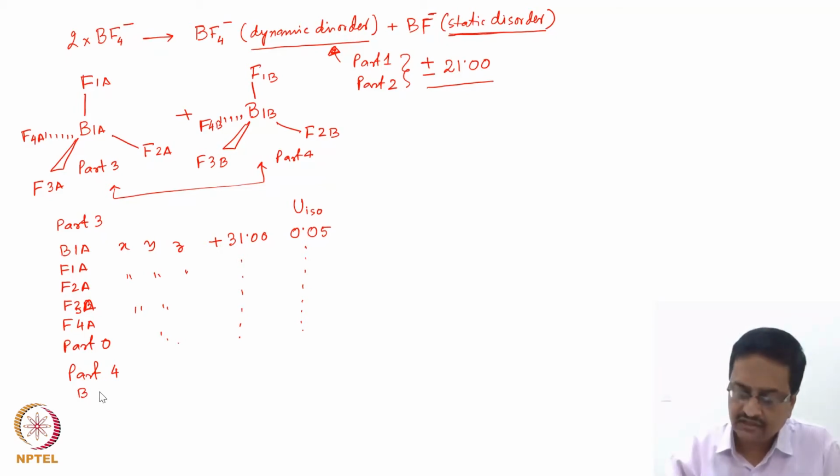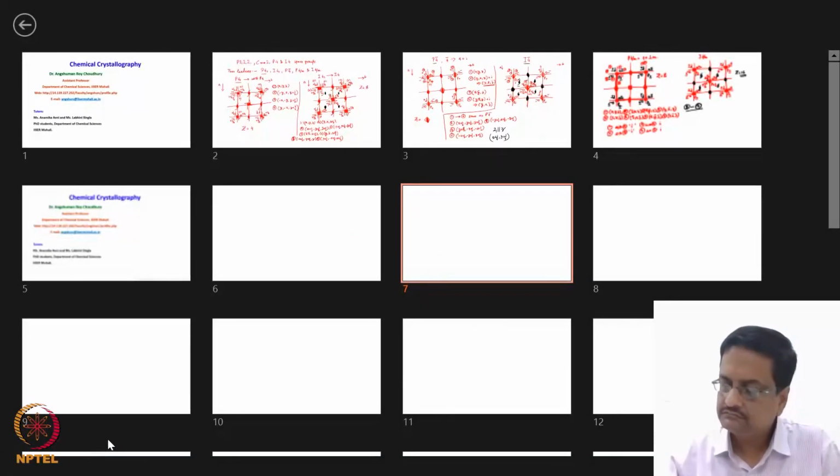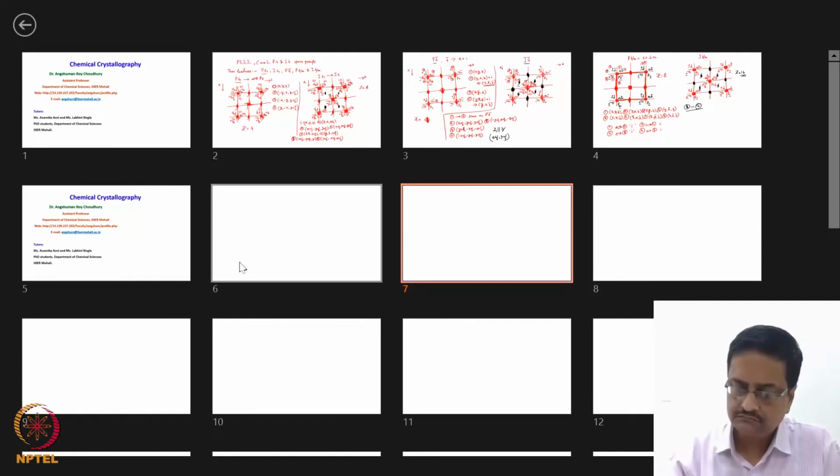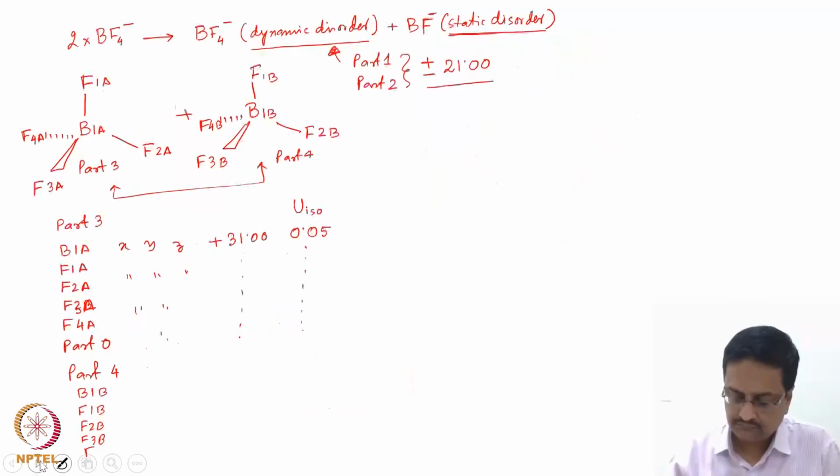These are written in the INS file. So B1B, F1B, F2B, F3B, and F4B, and then at the end you write part 0 below that.